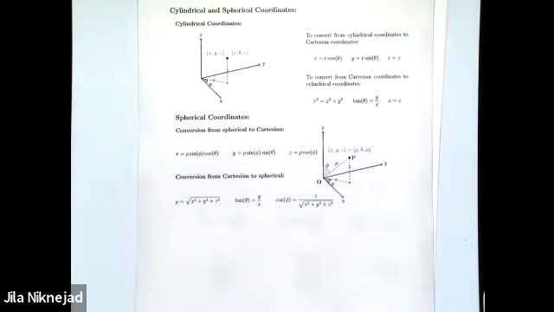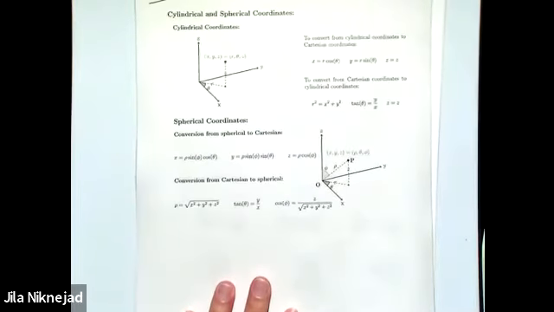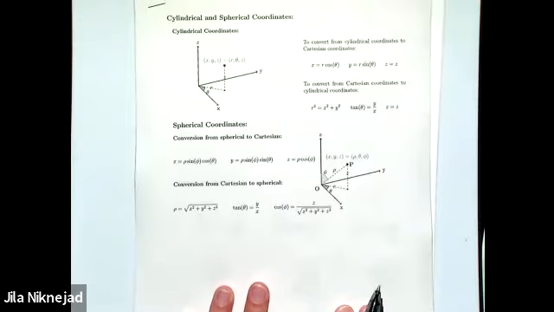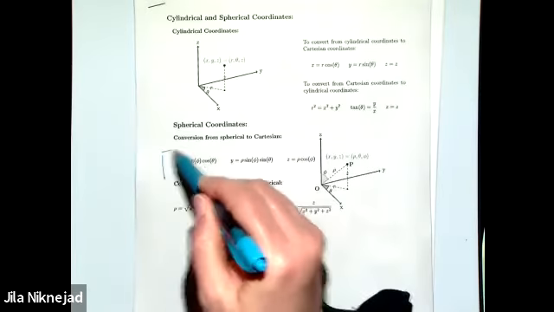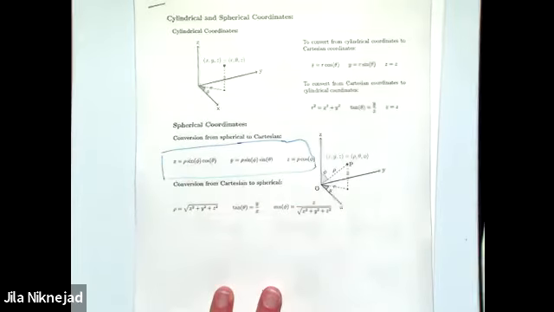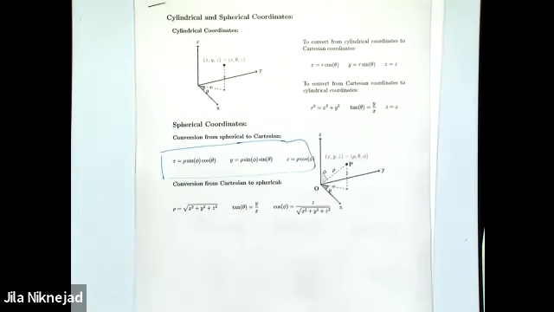Then there are the cylindrical and spherical coordinates and the conversions. The conversions for spherical and cylindrical are so important. On your extra credit quiz, either on Wednesday or Thursday, I'm going to ask you to match which one is which, because this one you need to memorize.